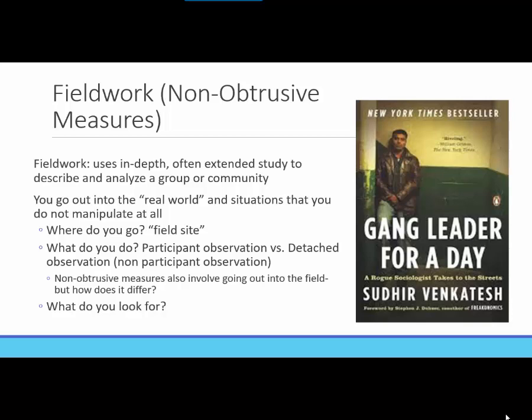Perhaps a good example of non-obtrusive measure data collection would be if you were interested in: is there a difference between high income and low income neighborhoods and their willingness to promote politicians and political ideologies?